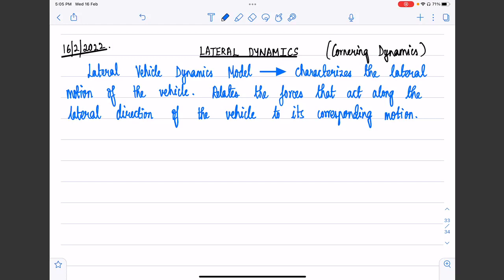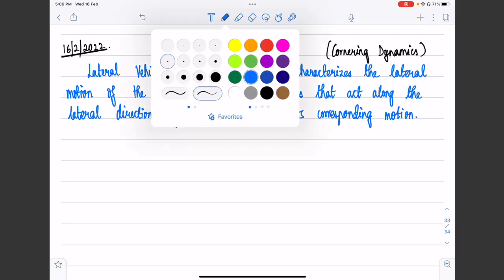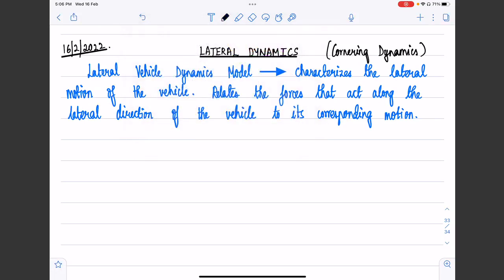Suppose when we are turning, sometimes we may brake, accelerate, and so on. Then there's going to be a coupling between lateral and longitudinal dynamics. And many times when we take a turn, even the vertical dynamics will come into the picture. So obviously, we are going to deal with coupled phenomena. But to begin with, we will study them in a decoupled way. Okay, so that's something we are going to see.